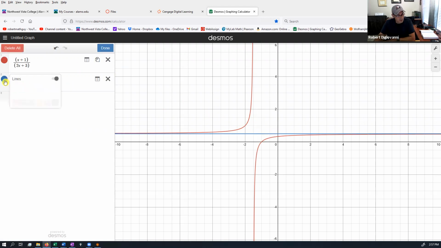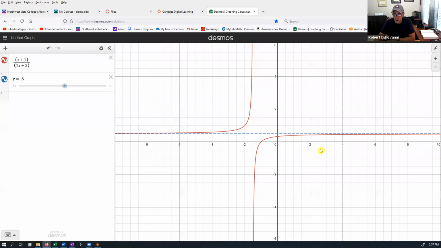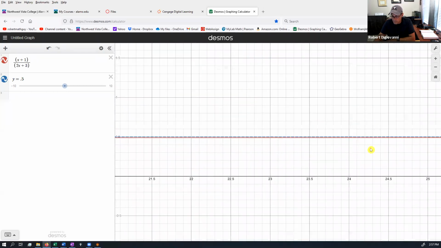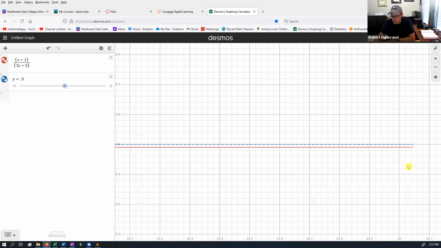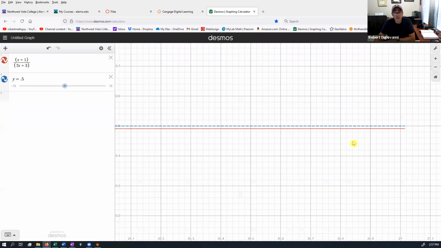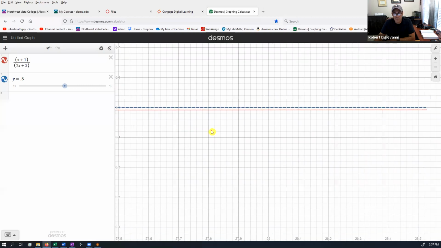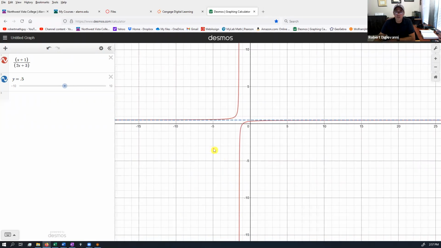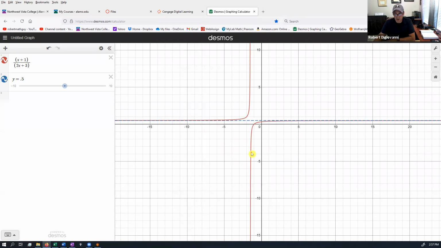I'll make it dotted, so it looks a little different. There we go. Can you see that as I go to infinity, out to the right, my function is getting closer and closer to that dotted line, 1/2? That's exactly what we just determined, but we did it algebraically.